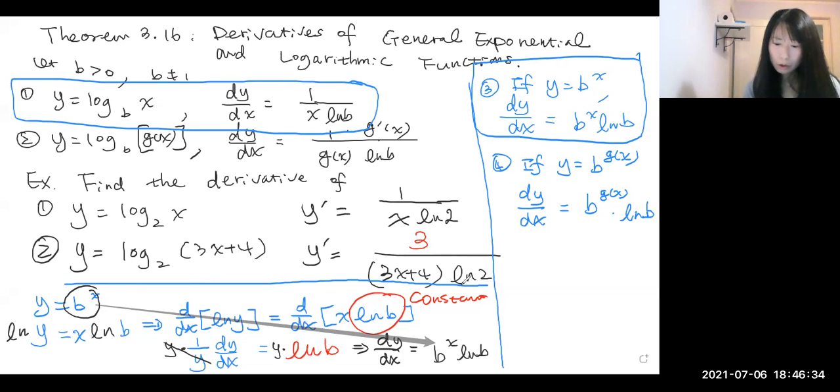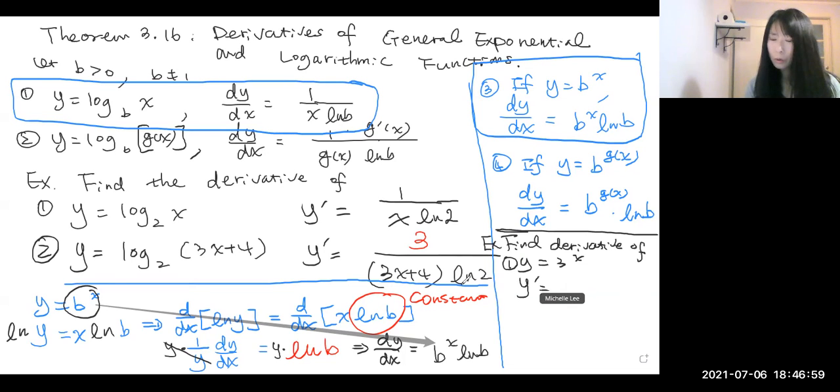So let us do this one. Find the derivative of y equal to 3 to the x. So we take the derivative of 3 to the x power.